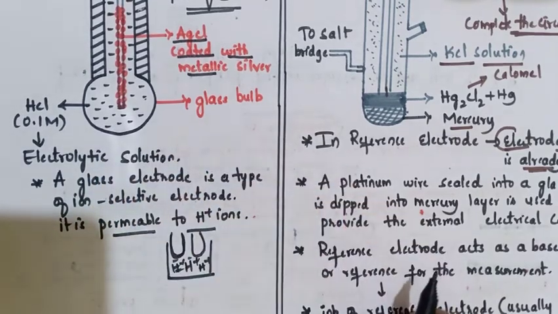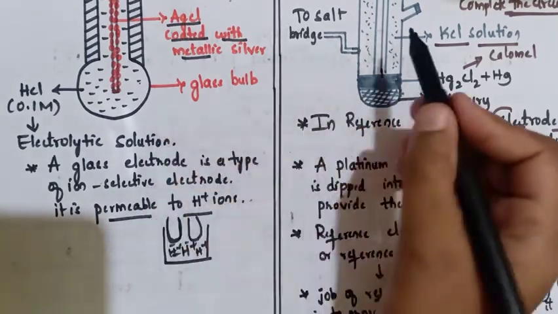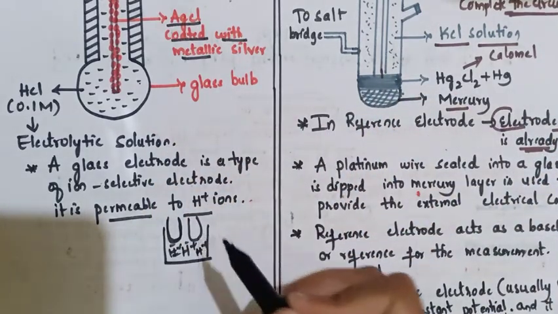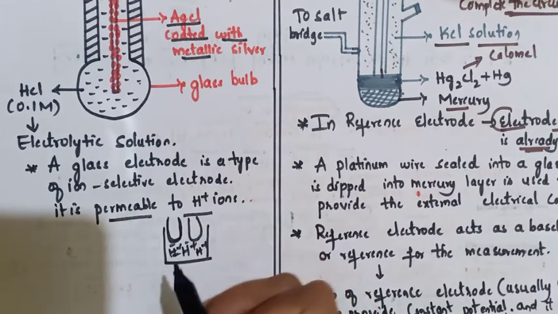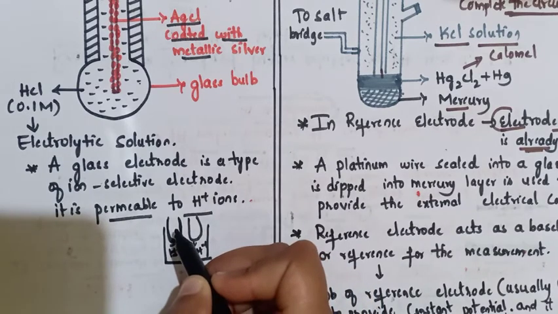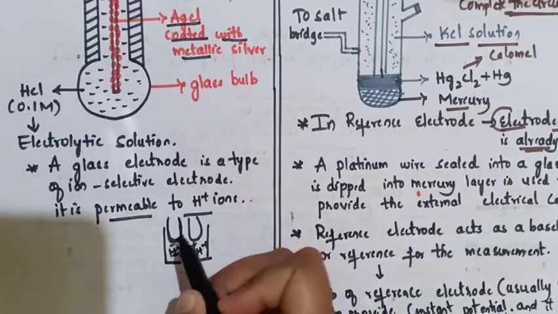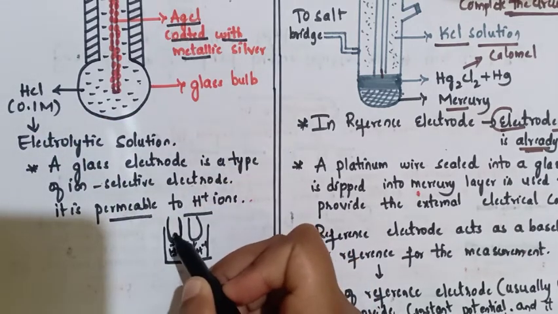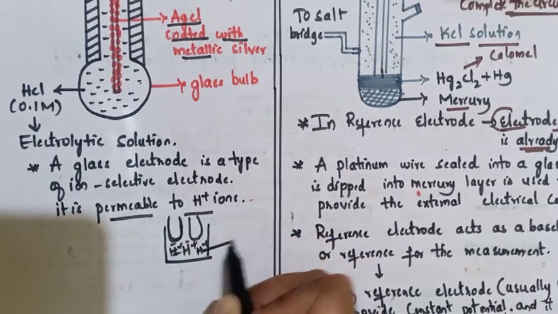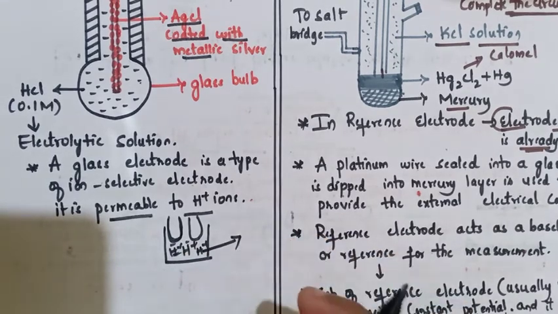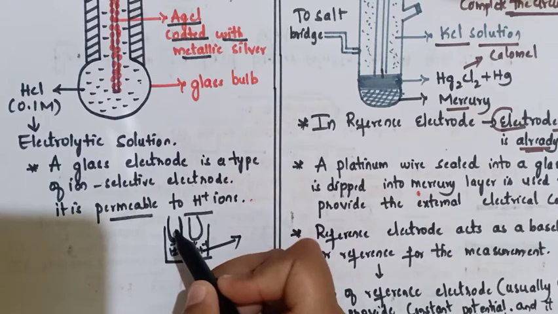So what happens when this glass electrode and reference electrode are inserted in the test sample is that the H+ ions which are present in the soil sample and the positive ions like H+, Na+ which are present in the glass electrode will get exchanged. That means the H+ ions which are present in the soil sample will move inside the glass electrode. Why?